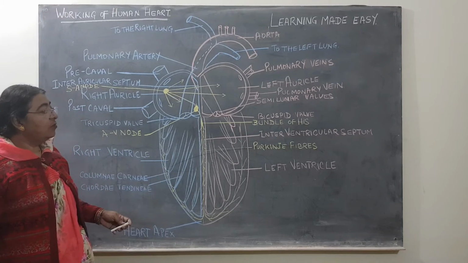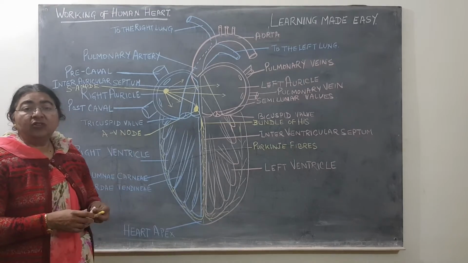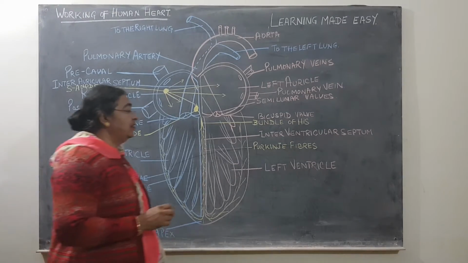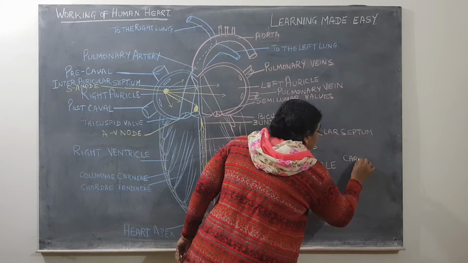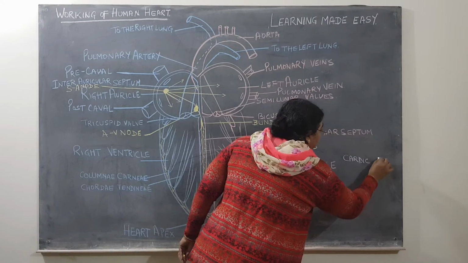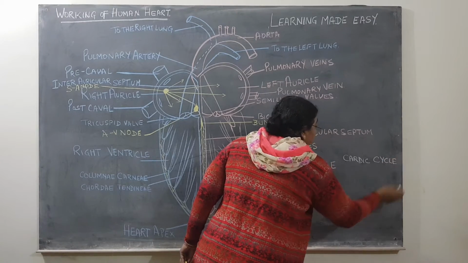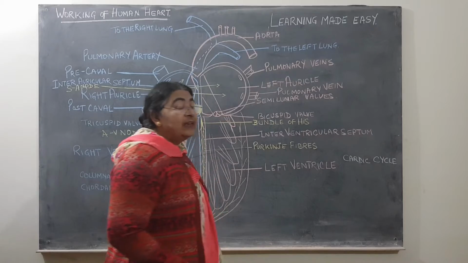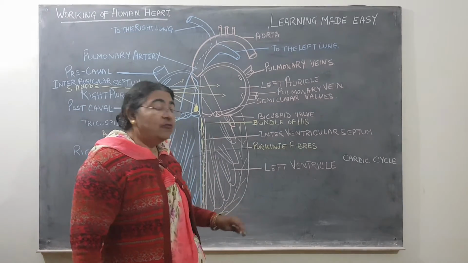Now, when we are talking about the contraction and relaxation, we are actually talking about the cardiac cycle. The cardiac cycle can be represented by three distinct phases.